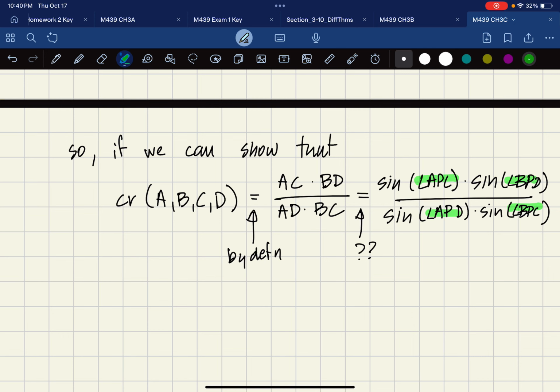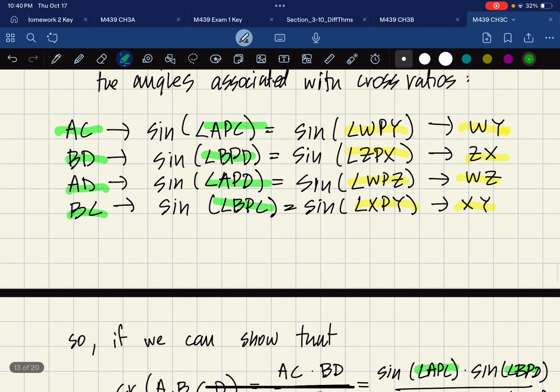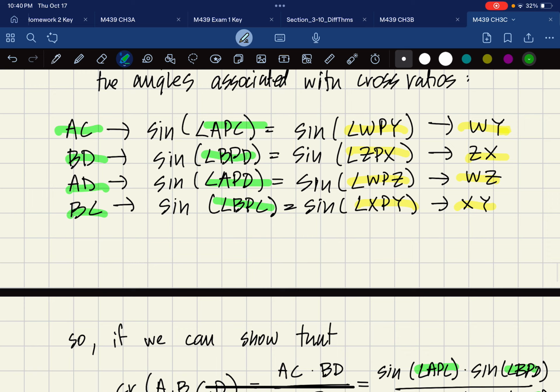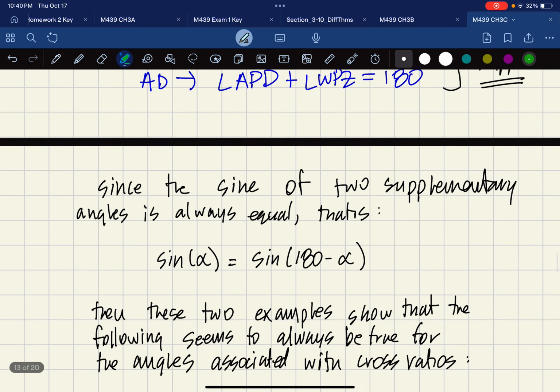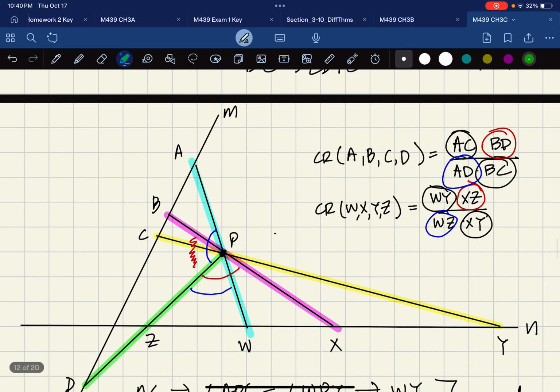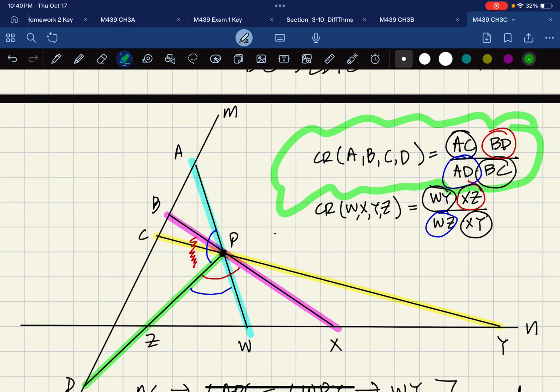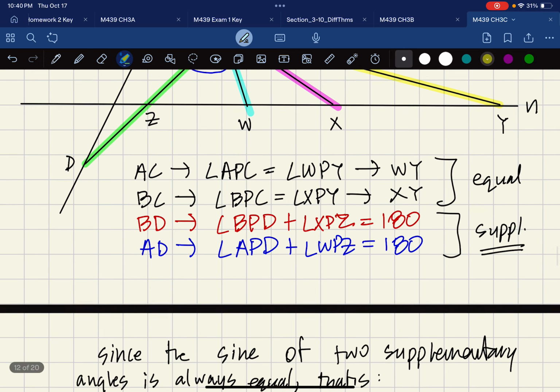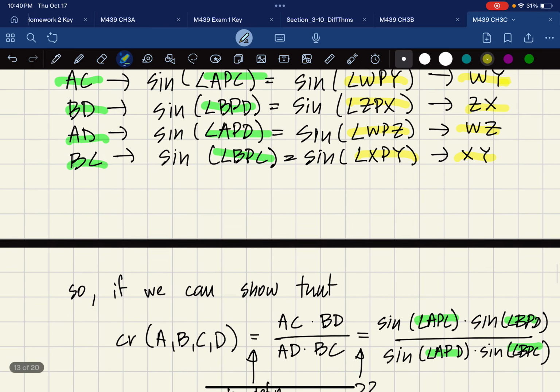And if we can, based on our analysis above, then our proof is done. These two cross ratios, one in green and one in yellow, would have to be equal.